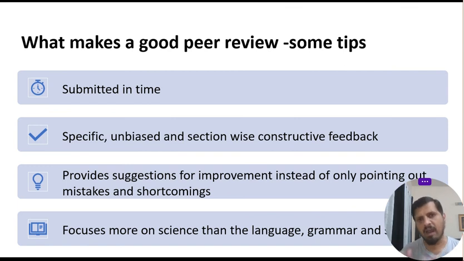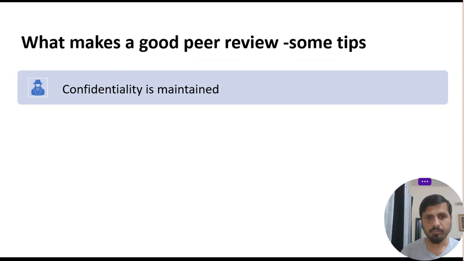Do point out that this article needs a major revision in English language, grammar, and syntax, but at the same time, please point out the science is okay, it is written appropriately, and the methodology is sound. It means a lot to many authors.